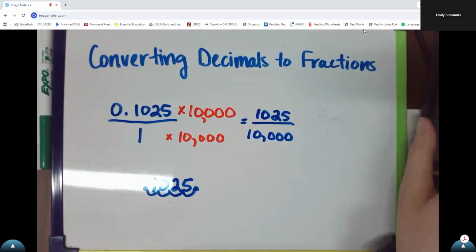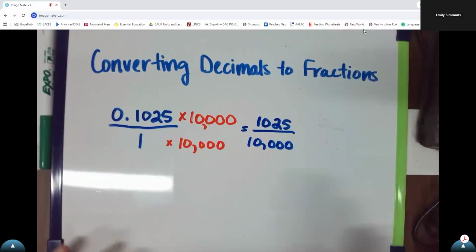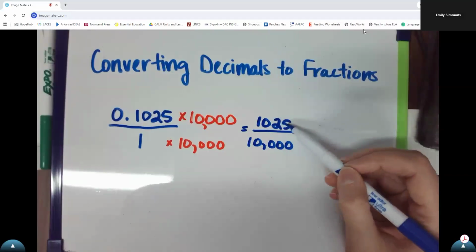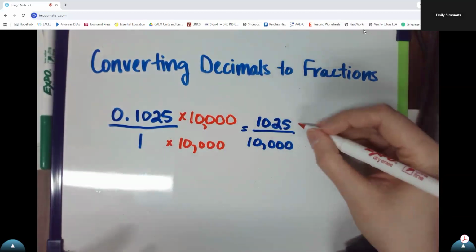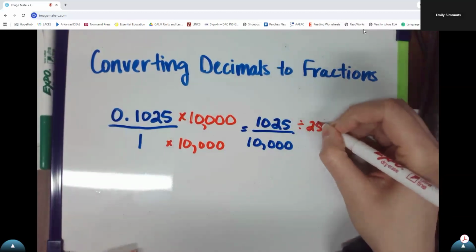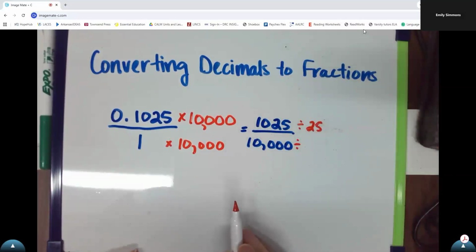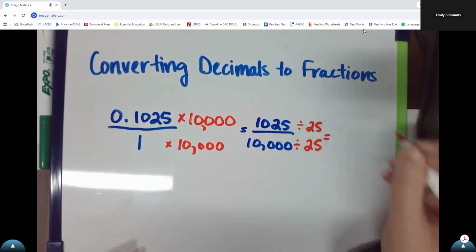When I simplify this, both of these numbers are divisible by 25. I can figure that with this one because it's over 100 and it ends in 25. And then multiples of 100 will always be divisible by 25.